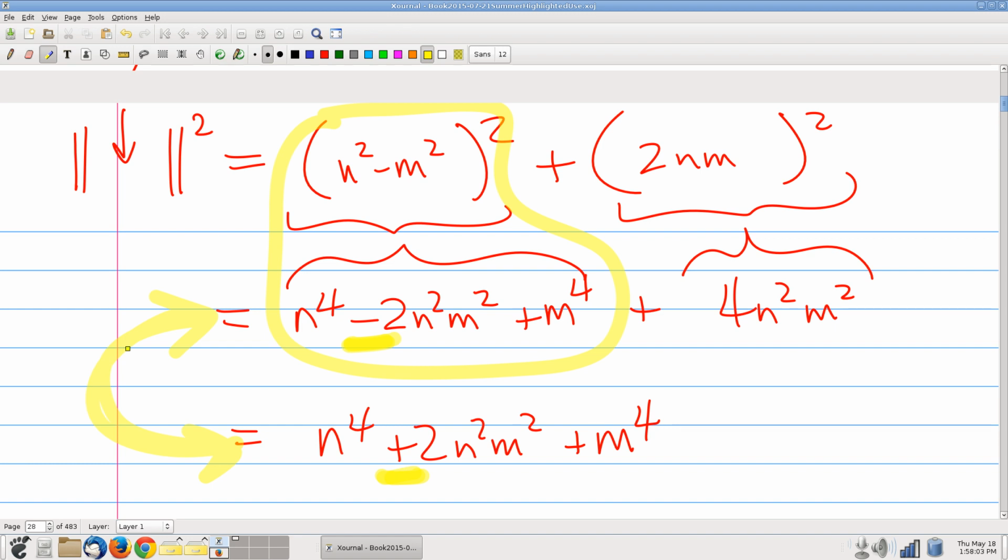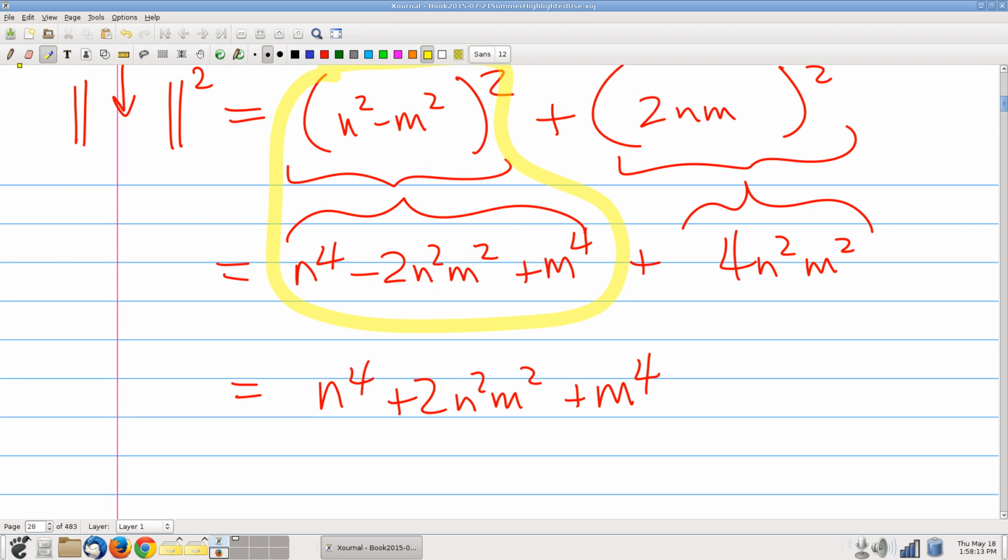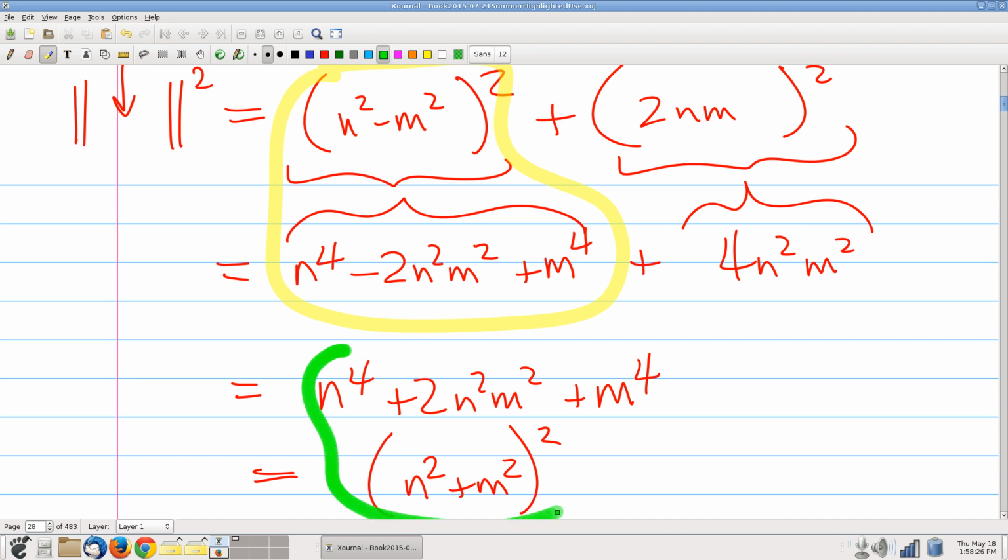So in the same way that simplified like that, this I can simplify as n squared plus m squared, quantity squared. It's an analogous algebraic identity. Everybody good with that?